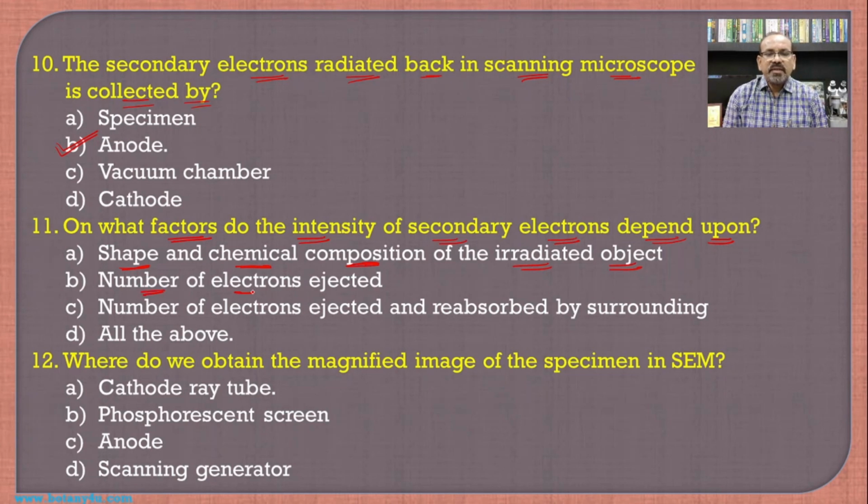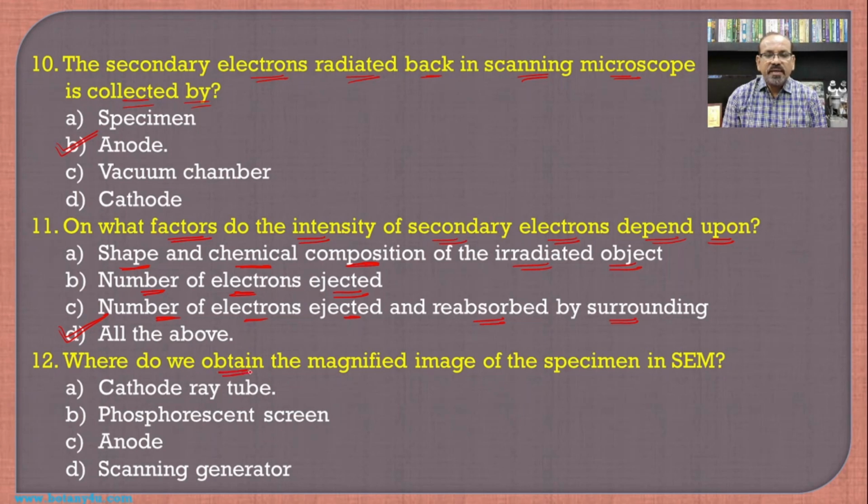Then the number of electrons ejected is also responsible for finding the intensity. Then the number of electrons ejected and reabsorbed by surroundings. All these three are responsible for the intensity of secondary electrons, and hence all the above becomes the answer for this question.